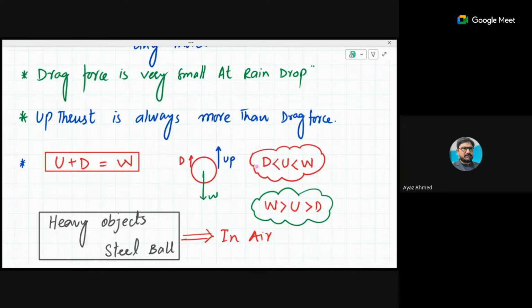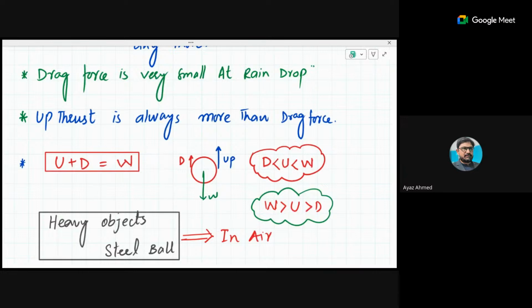You are asked which option is correct in the order of increasing and decreasing force. So I put both answers in front of you: in increasing order, drag is smaller than upthrust and upthrust is smaller than weight, or in other words, weight is larger than upthrust and upthrust is larger than drag.